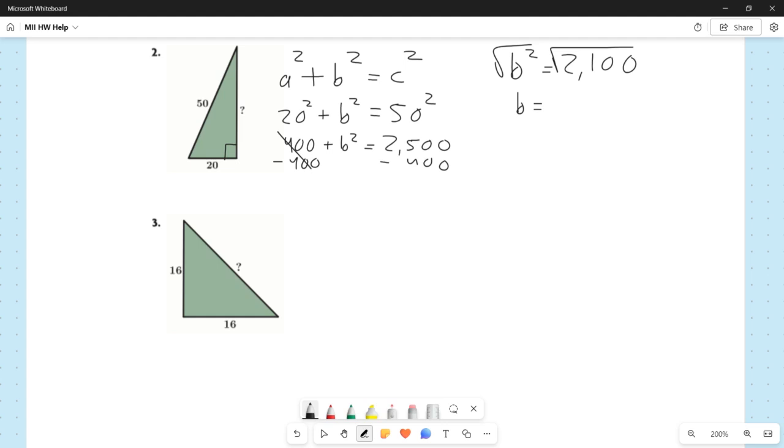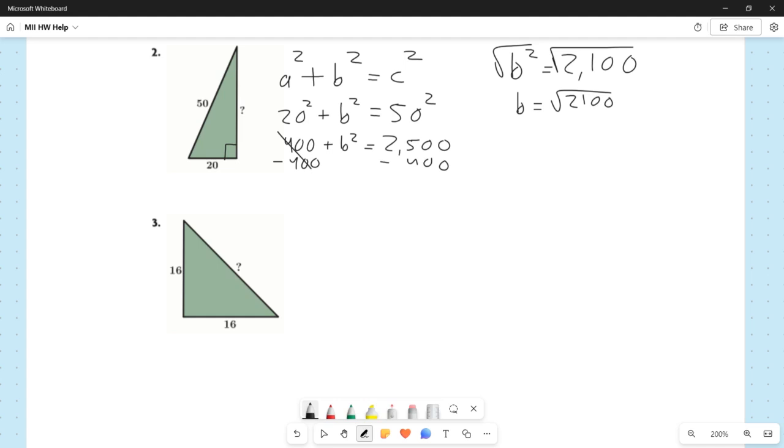So to account for that, sometimes you need to use a plus minus. However, in this particular problem, we don't need to use a plus minus because we're talking about the lengths of a triangle, and so we're not going to deal with negative length. So we've still got the square root of 2,100.